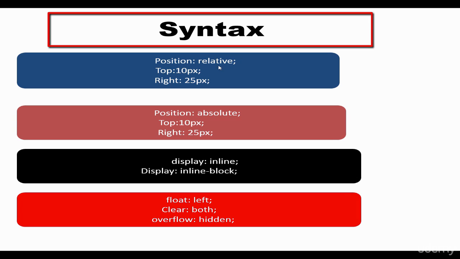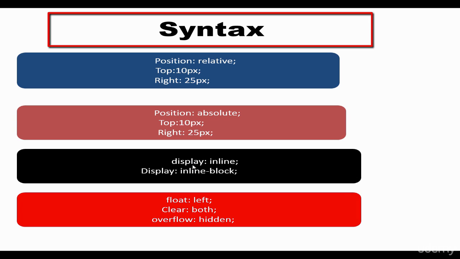But the first thing you do is determine the type of position, because there are different types of positioning. For example, here I've specified a relative position, and here I've specified an absolute position. You've got other types of position as well.